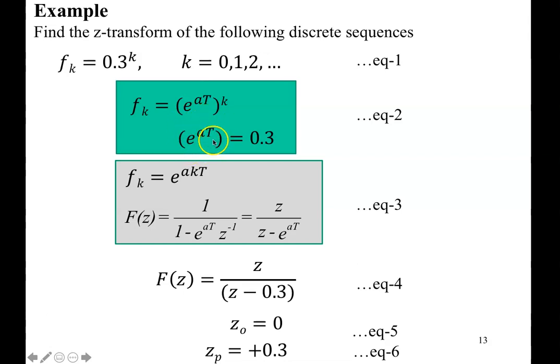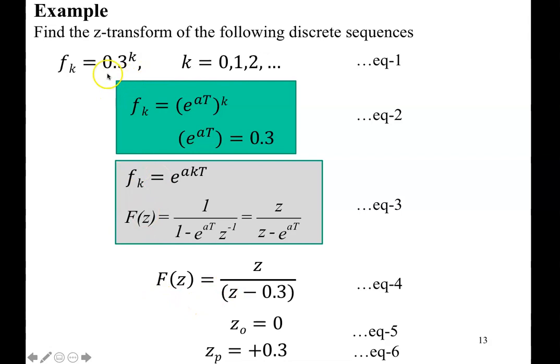So I can replace the e to the aT part in the Z transform of the exponential function by 0.3. So if e to the power of akT gives me the Z transform z over z minus e to the aT, this whole thing here is 0.3.